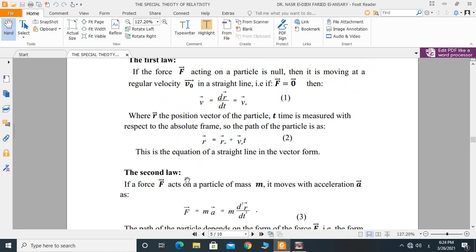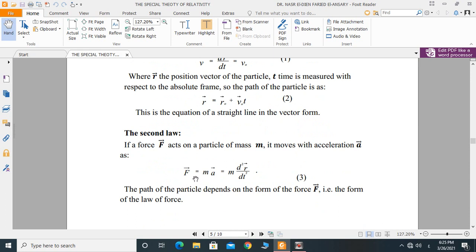The second law of Newton: if a force F acts on a particle of mass m, it moves with acceleration a, and we get F equals ma equals m d2r by dt squared.